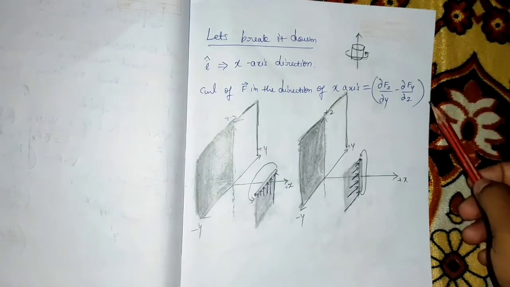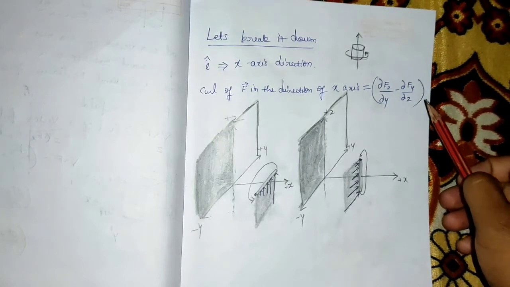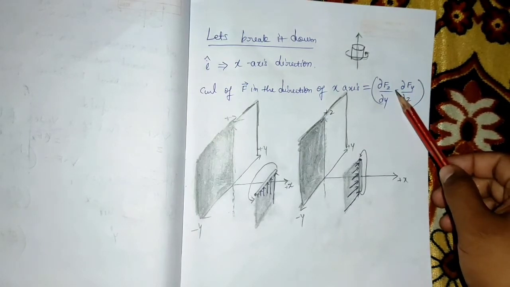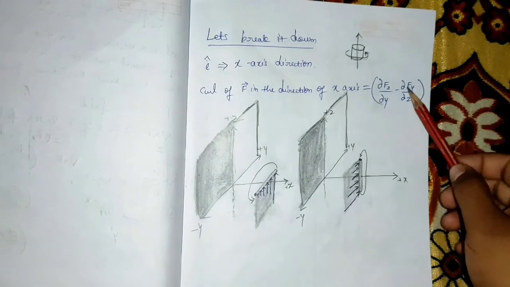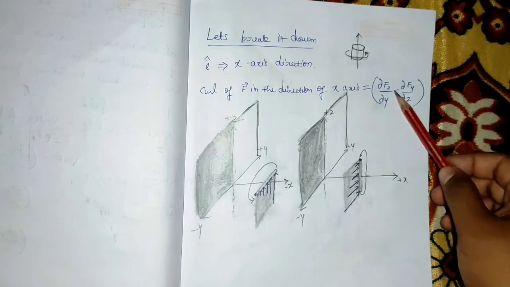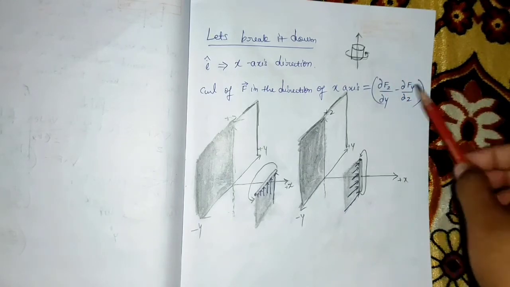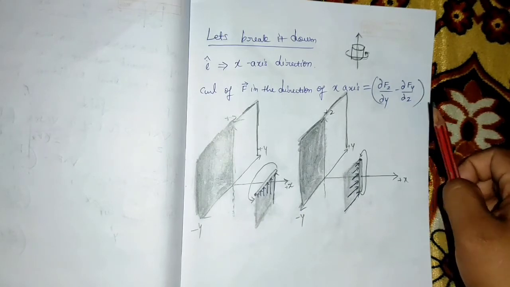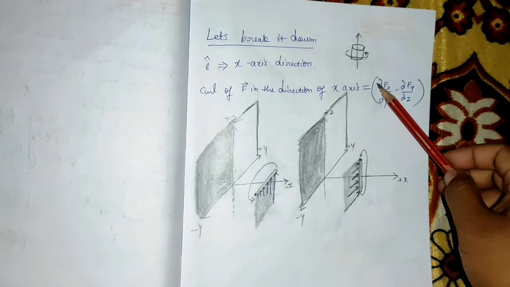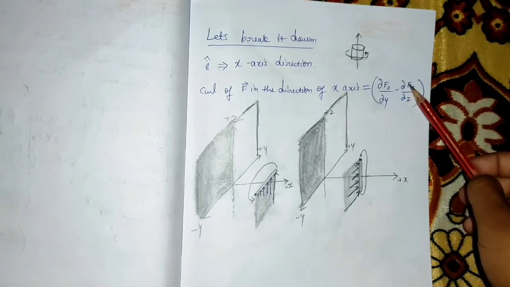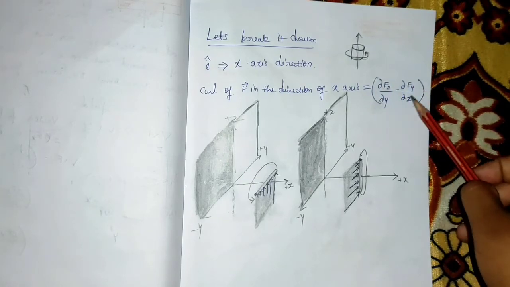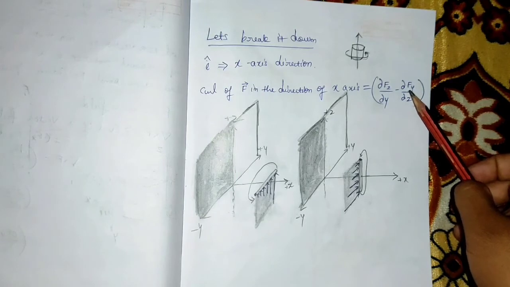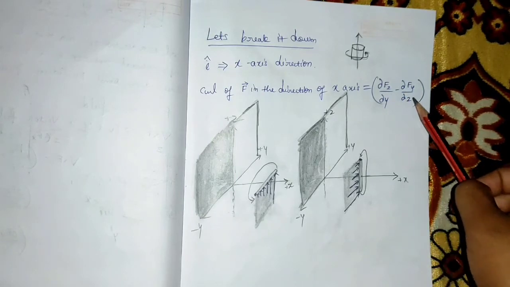It should be negative. If it is negative, then minus into minus becomes plus, and it will add to the rotation. If it is positive, then the rotation effect caused by this is nullified by the rotation effect caused by the other term. They nullify each other.